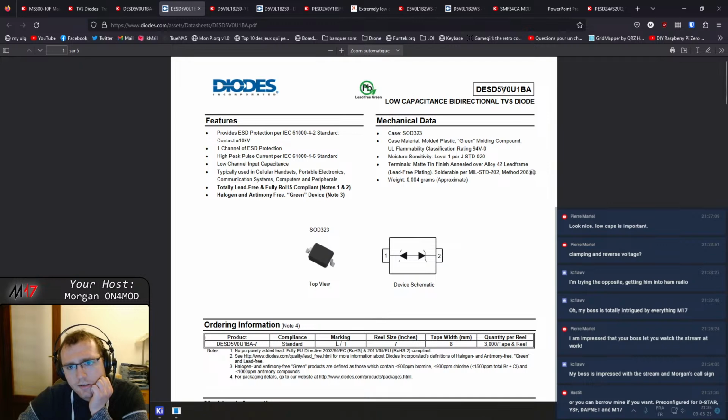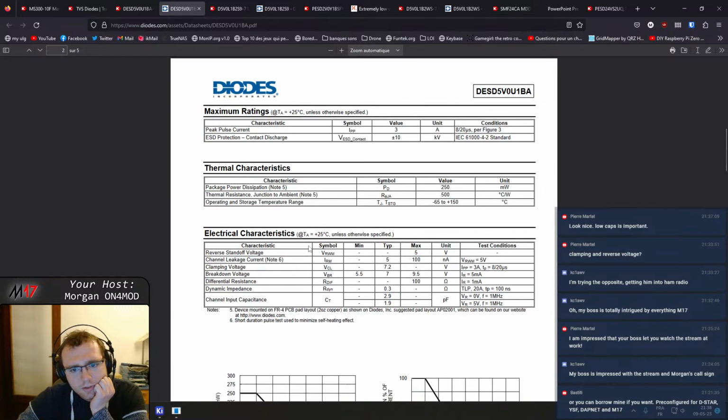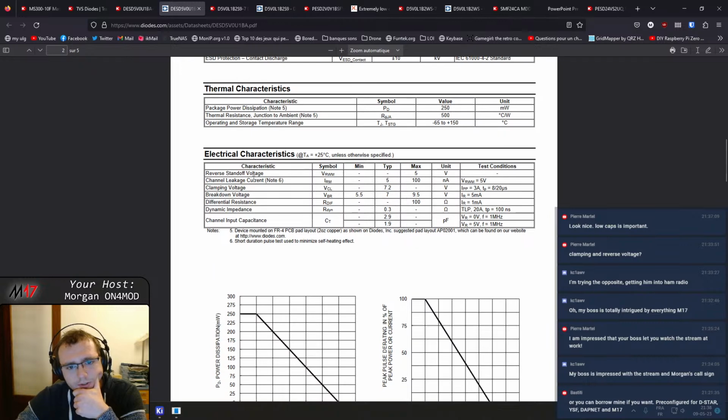5V, is it like the... I try to make sense of what I'm reading. Reverse standoff voltage, so 5 volts, okay. Clamping voltage, 7.2 volts.